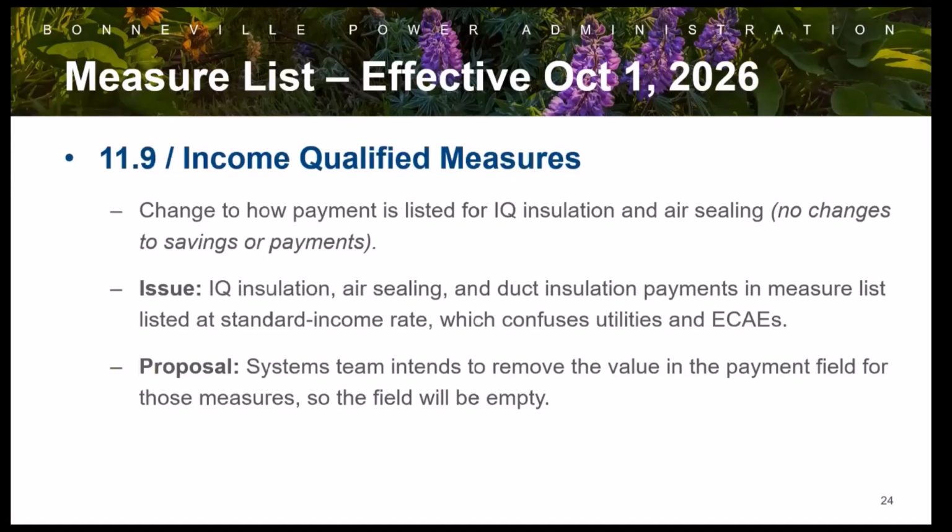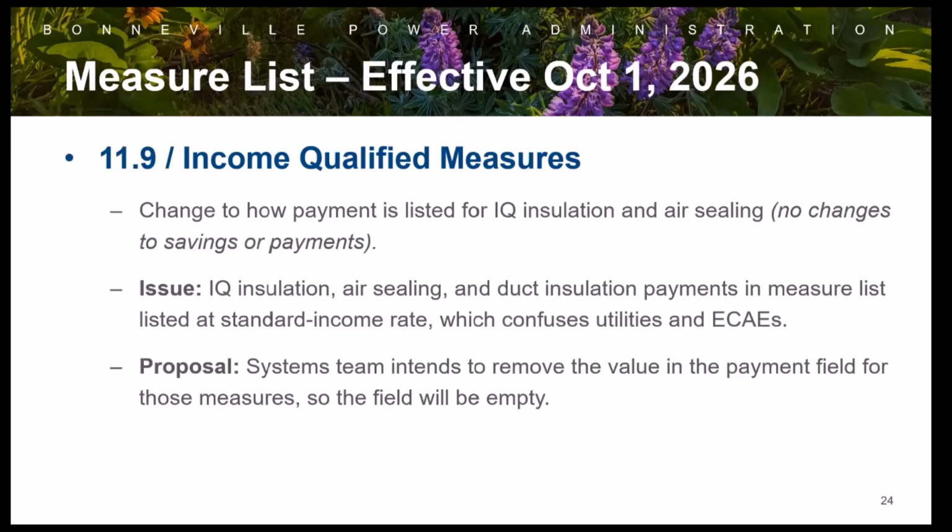The issue that we've had and has caused some confusion with both our utilities and our EKs is that for those three measures, IQ insulation, air sealing, and duct insulation, the payments that are in the measure list show the standard income rate, and that has been a placeholder, but it's not accurate because all three of those measures are paid dollar for dollar 100%.